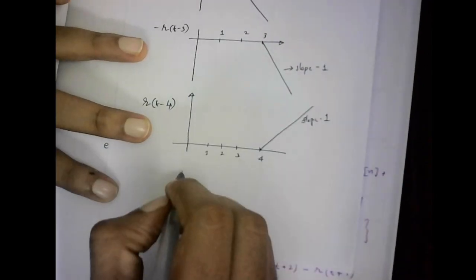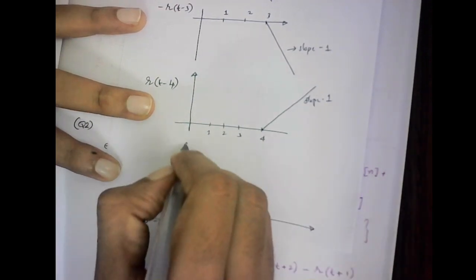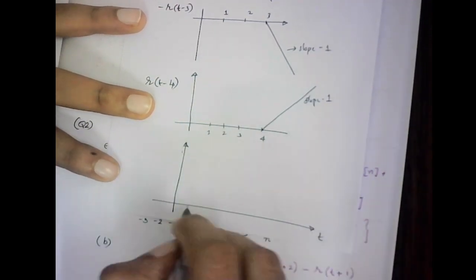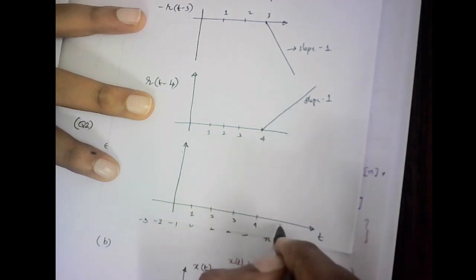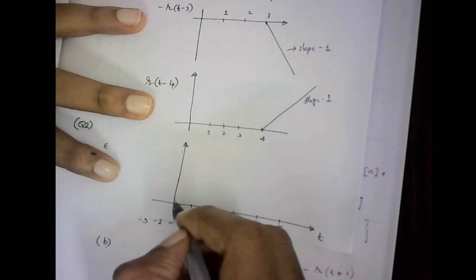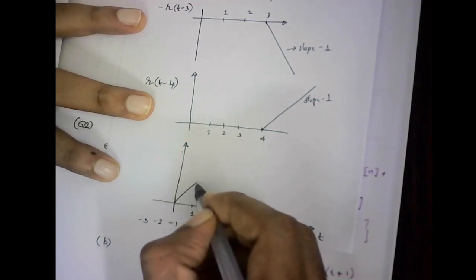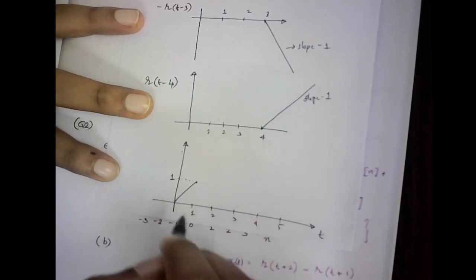So what will be the result? So the result will be, this is t, so 1 2 3 4 5. So initially, as I said in the previous case, initially it will be of slope 1. So till 1 it will be of slope 1.